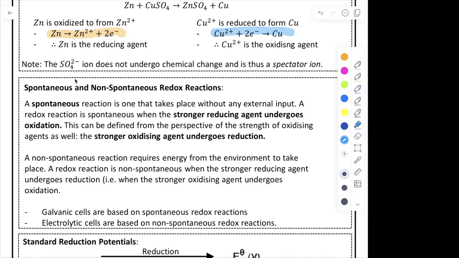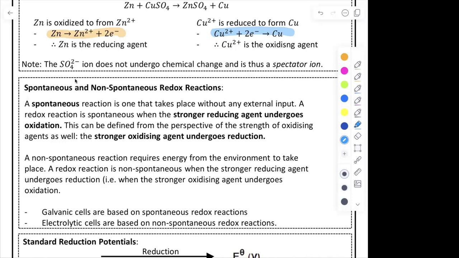Then we can see how we measure which is the strong reducing agent, which is the strong oxidizing agent, and then how we determine whether it is spontaneous or not spontaneous. We'll look at the table. But what I want you to understand right now is that when your stronger reducing agent undergoes oxidation, then you know you're dealing with a spontaneous reaction. And when your stronger oxidizing agent undergoes reduction, then you know you're dealing with a spontaneous reaction.